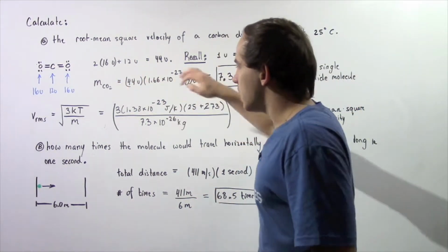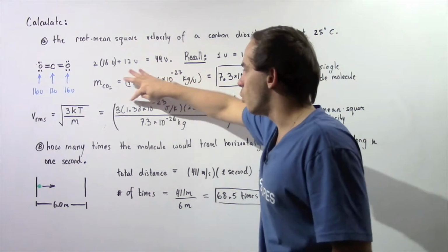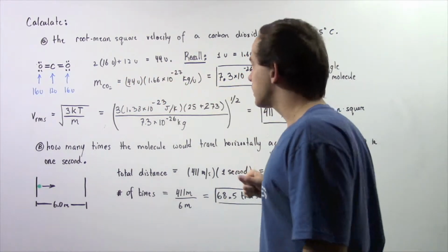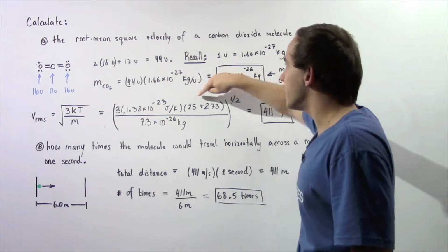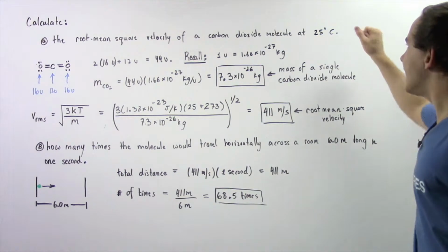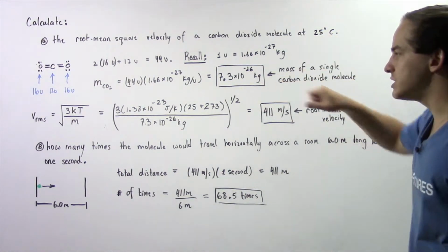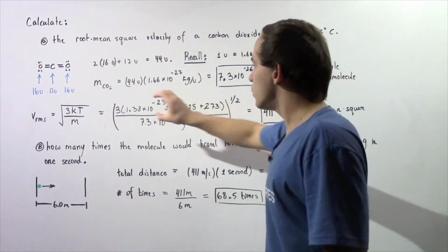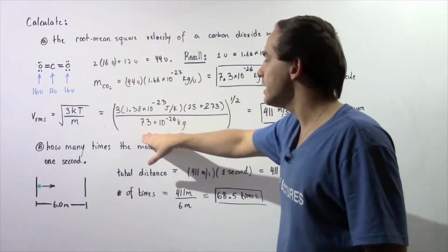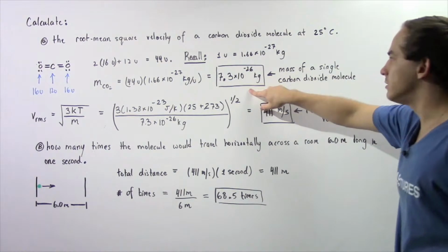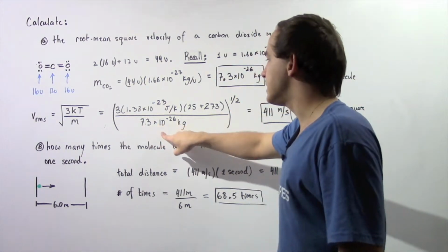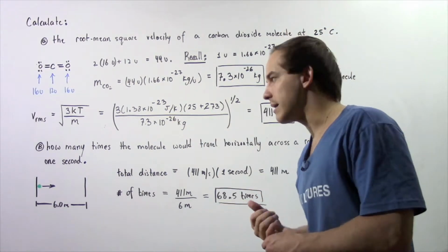So 3 multiplied by the Boltzmann constant, 1.38 times 10 to the negative 23 joules per kelvin, multiplied by the temperature in kelvins, which we find by simply adding 25 and 273, as shown. We multiply these two values by 3 and divide that by the mass which was found in this section, so 7.3 times 10 to the negative 26 kilograms.